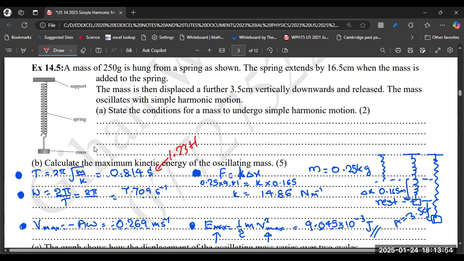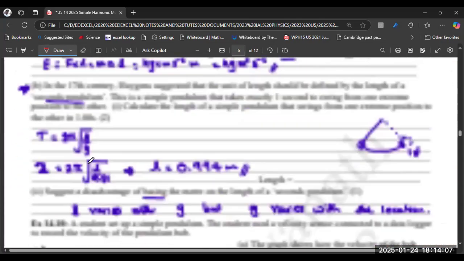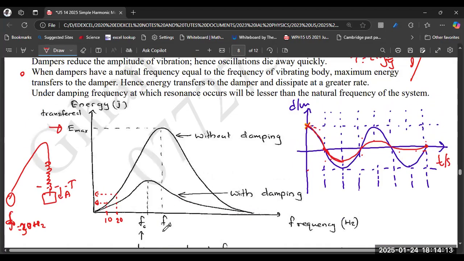That means the natural frequency of this spring mass system is 1.23 hertz for this given mass and this given spring. So I'll take the same thing here, 1.23 hertz. I will use not 10, 20, 30, I will use 0.1, 0.2, 0.3, 0.4, and respectively I will find.